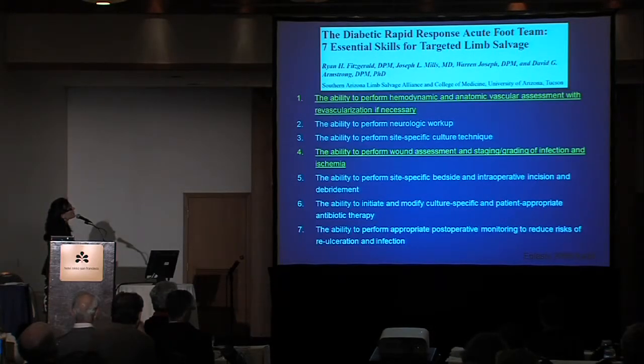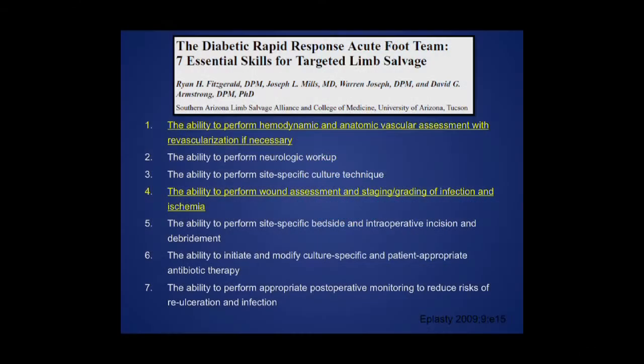Again, as demonstrated this morning, the diabetic rapid response team is really important. Dr. Fitzgerald and team demonstrated that some of the important points with that response team were the ability to perform hemodynamic and anatomic vascular assessment with revascularization if necessary, and then the ability to perform wound assessment and staging grading of infection and ischemia.